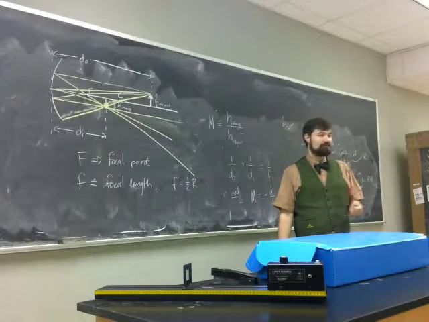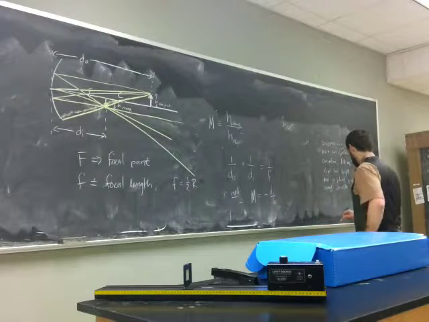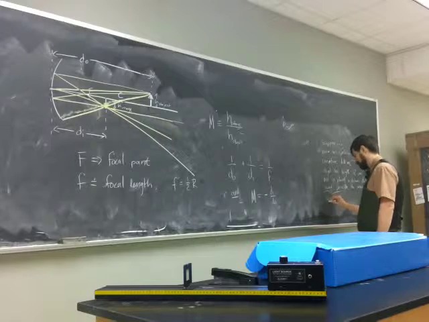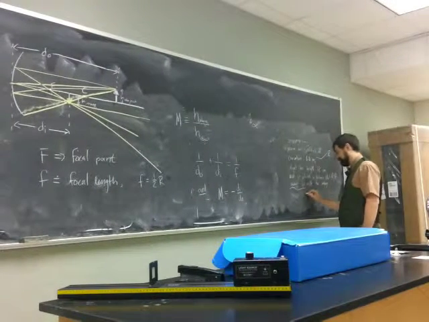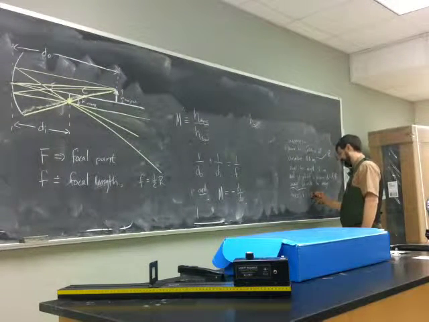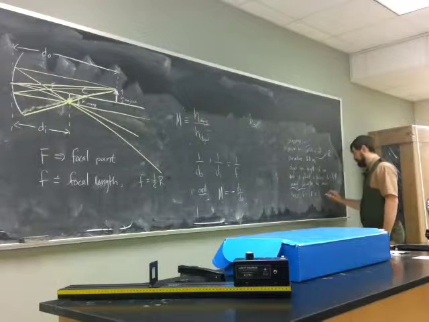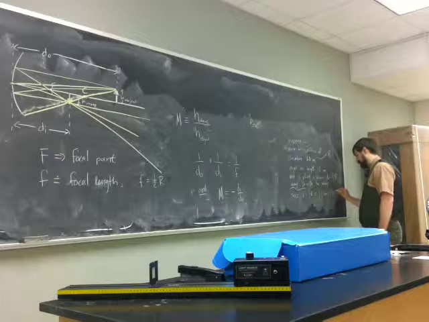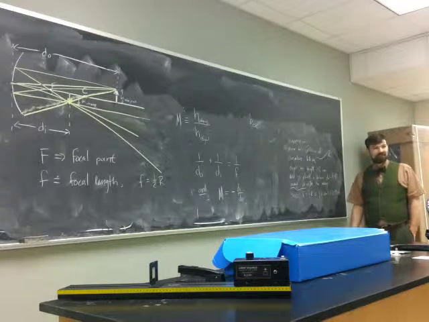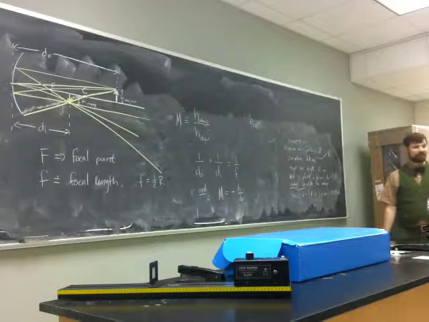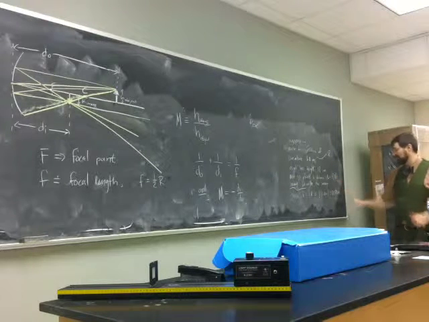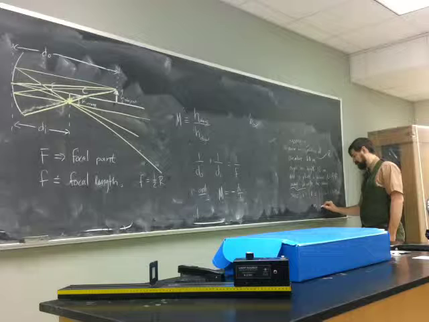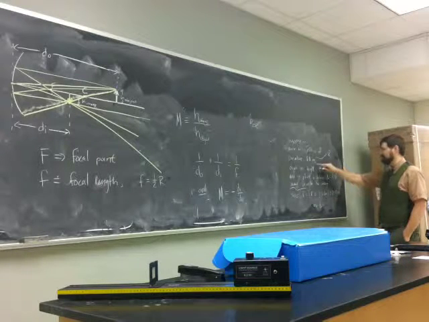It's half of the radius of curvature. So since f equals 1/2 r, that makes it 1/2 of 1.0 meter, or 0.5 meters. All right, so now we know how long the focal length is, and therefore we know what the object distance is. dO must be 0.5 plus 1.